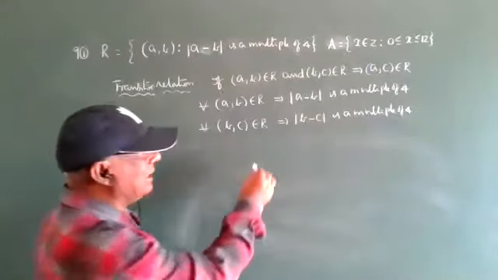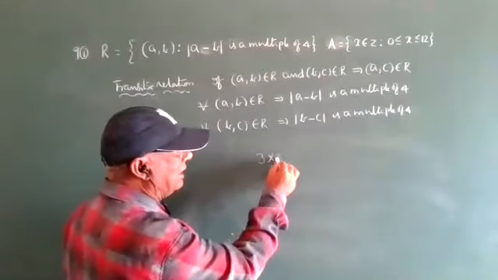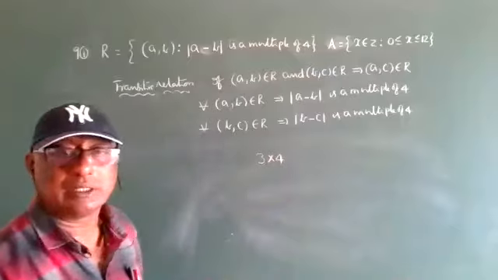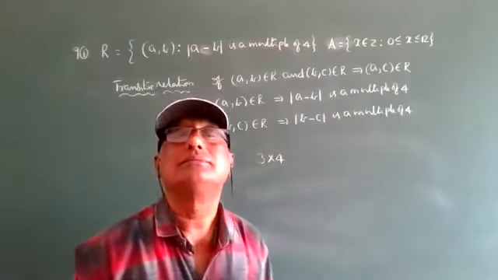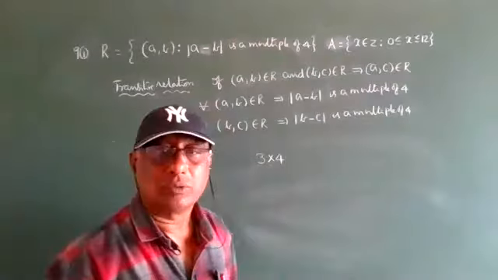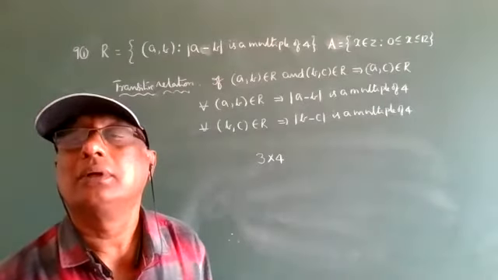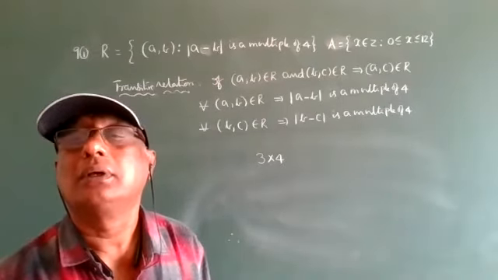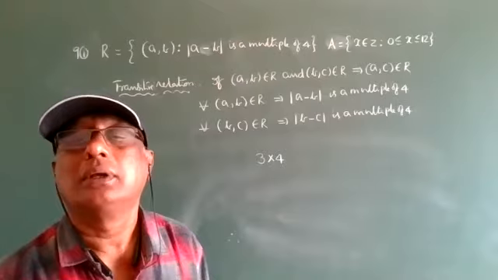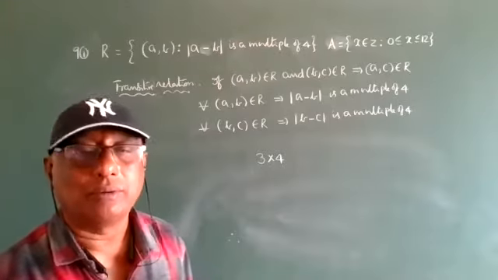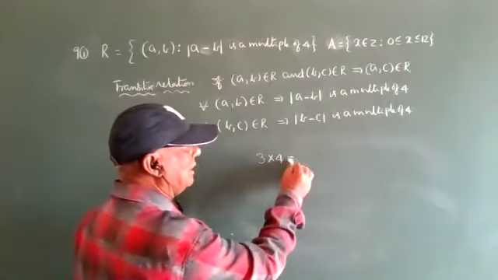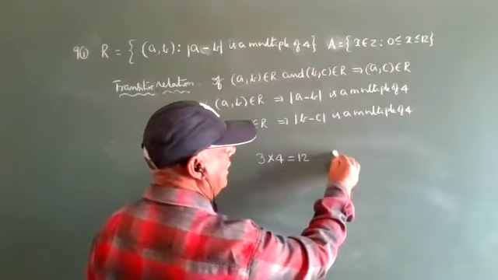So now see, 3 into 4 is a multiple of 4; that is 12. So 12 is a multiple of 4.